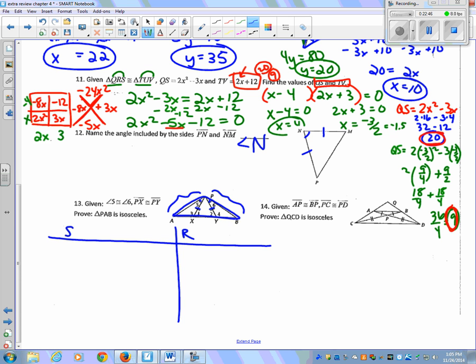So I'm looking at what they gave me here, and I'm thinking I'm going to be able to prove these two triangles, this one and this one, congruent, and then I can use CPCTC to say PA is congruent to PB.